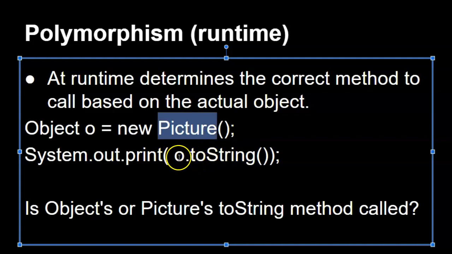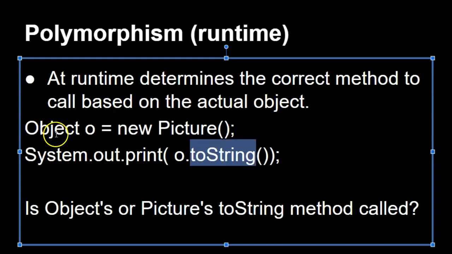And the compiler will look at this and say, oh, you've got an object, and the class object has a toString method, so I'll allow it. But then at runtime, what happens is it will actually call the toString of picture, since this is actually an instance of picture and picture has a toString method. So that's just a brief example of runtime polymorphism.